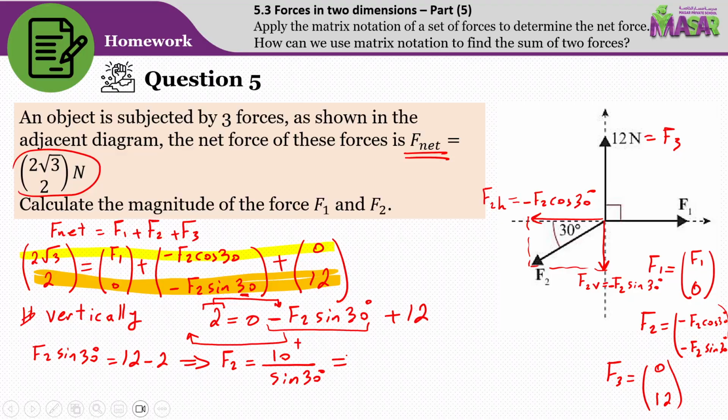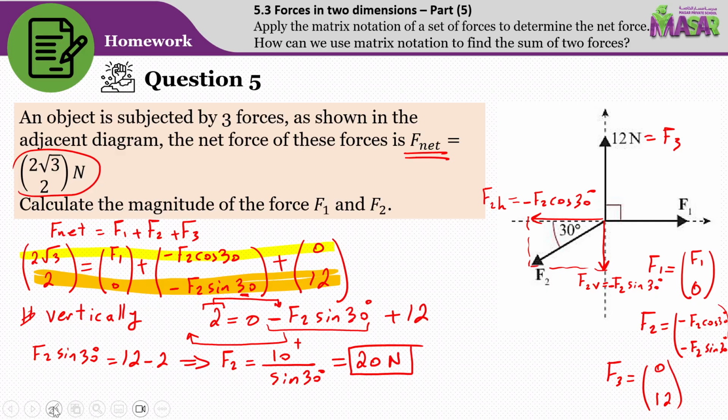Now, as a result, we will get the value of F2 to be 20. So it's going to be 20 Newton. Now we have the value of F2. We can use it back in the forces along the horizontal to evaluate F1.